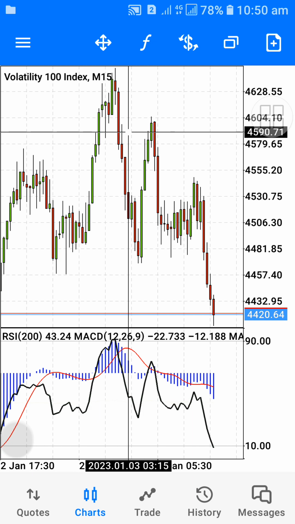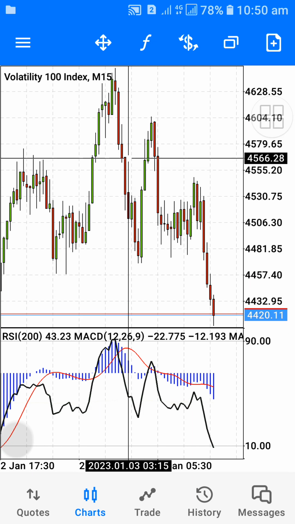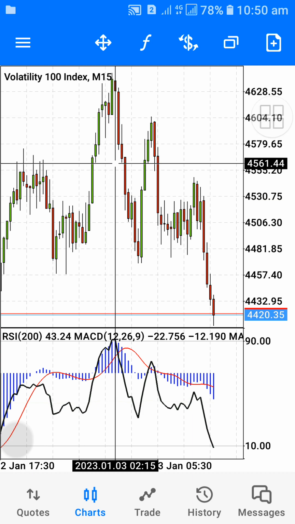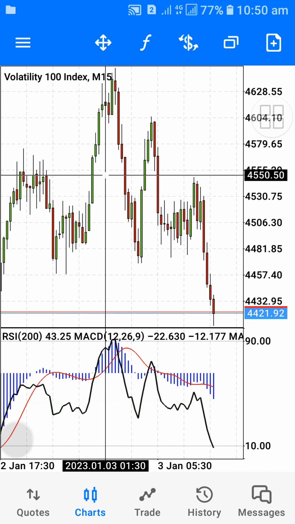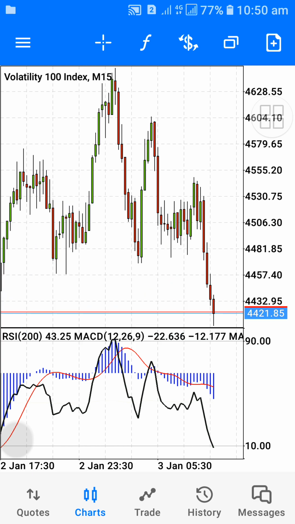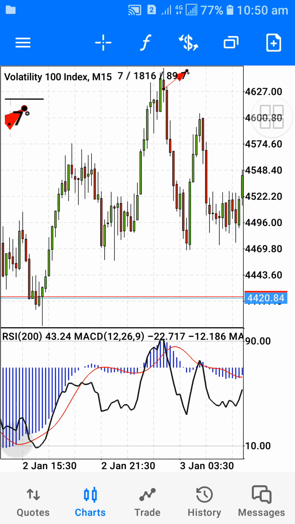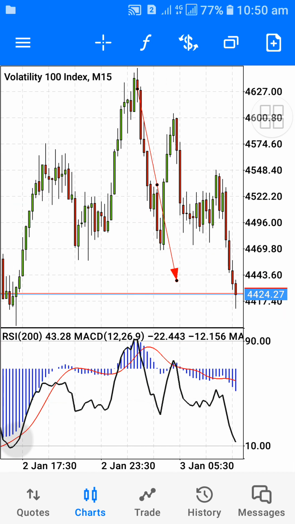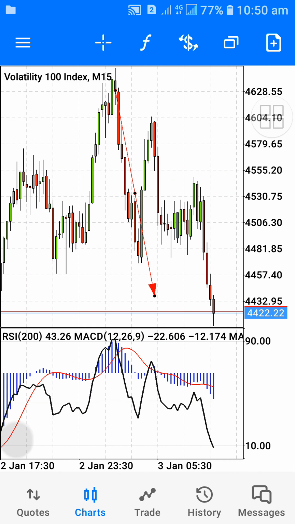Then you can easily enter the market from there, and I can assure you that you can make good profit. See, the market sold all the way down there. You can see that, it's going down.